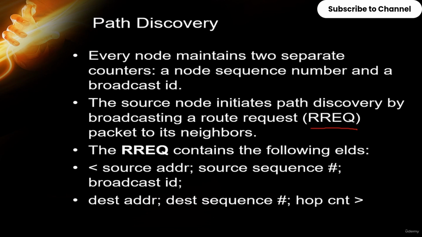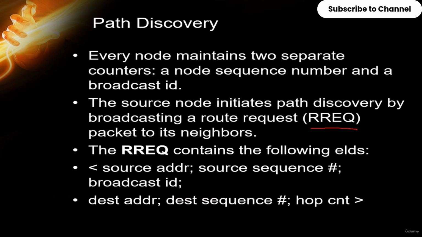The route request packet contains the following information: source address, source sequence number, broadcast ID, destination address, destination sequence number, and hop count. The pair of source address and broadcast ID uniquely identifies a route request. The broadcast ID is used to determine whenever a source issues a new RREQ.